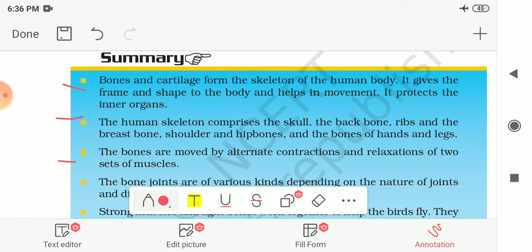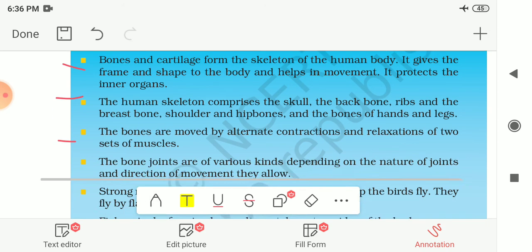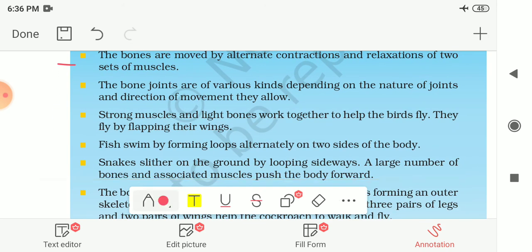Then we had seen that the bones are moved by alternate contractions and relaxations of two sets of muscles. The bone joints are of various kinds depending on the nature of joints and the direction of movements they allow. Strong muscles and light bones work together to help birds fly, and they fly by flapping their wings.